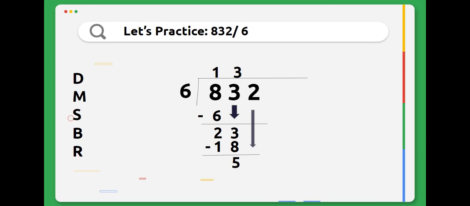And I'm going to bring down the 2. And I'm going to say 6 can go into 52 8 times. 6 times 8 is 48. Subtract, and that gives me 4. Now, I have no numbers to bring down. 4 is less than 6, so that makes us have a remainder of 4. So our answer is 138, remainder 4.